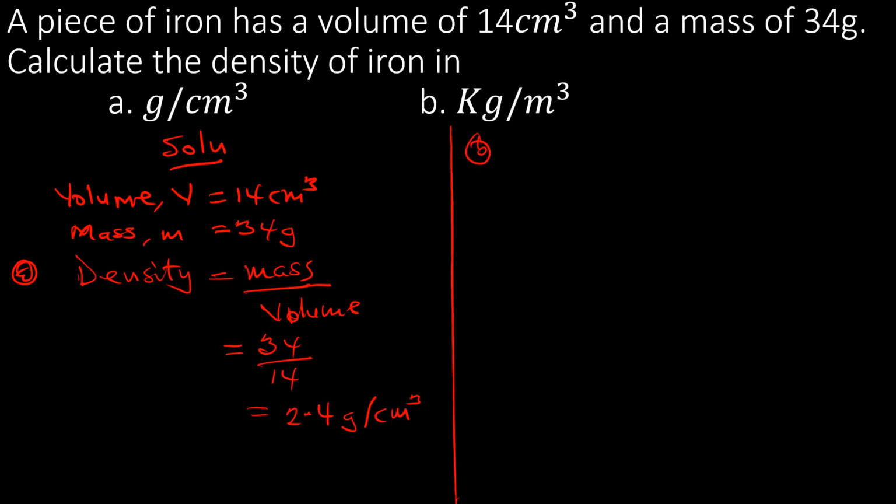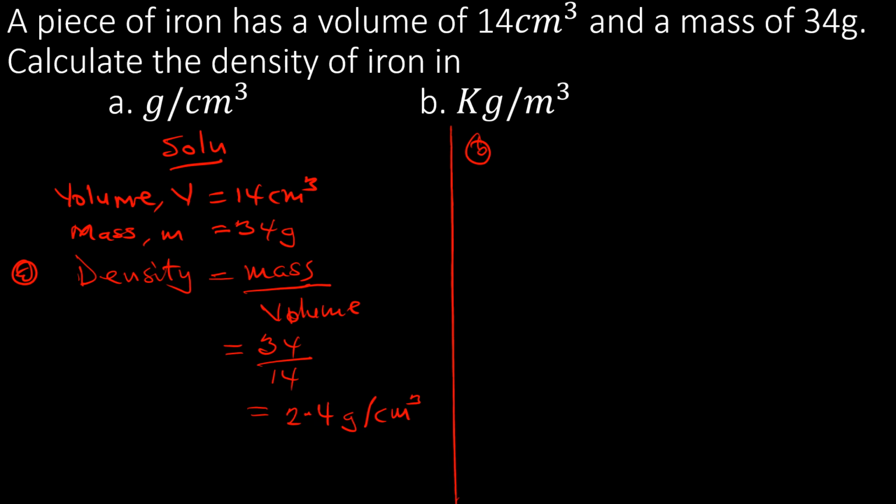So for question B, we have to find density in kilograms per meter cubed. So we have to change the unit of the volume from cm³ to m³, and the unit for mass from grams to kilograms.